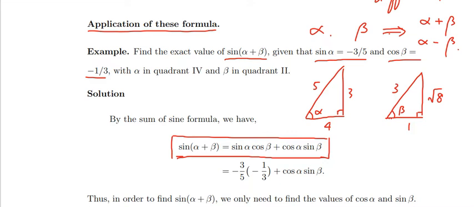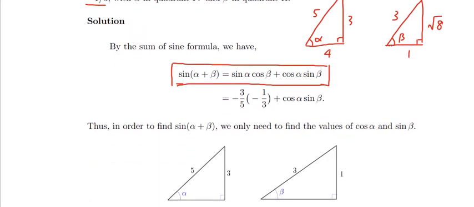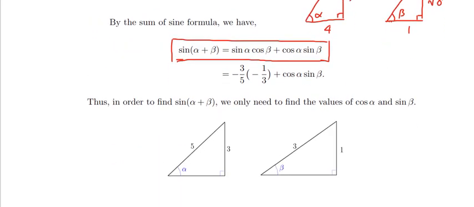So from these two triangles, we can know the values of the others. We can know sine alpha, cosine beta, cosine alpha, and sine beta. But we also need to determine positive or negative. Let's check here. Oh, I'm sorry, this is wrong.